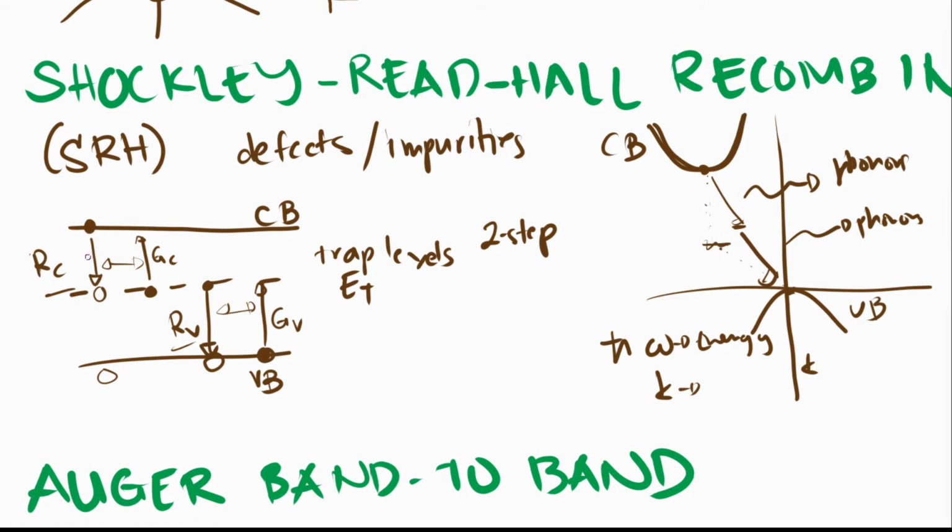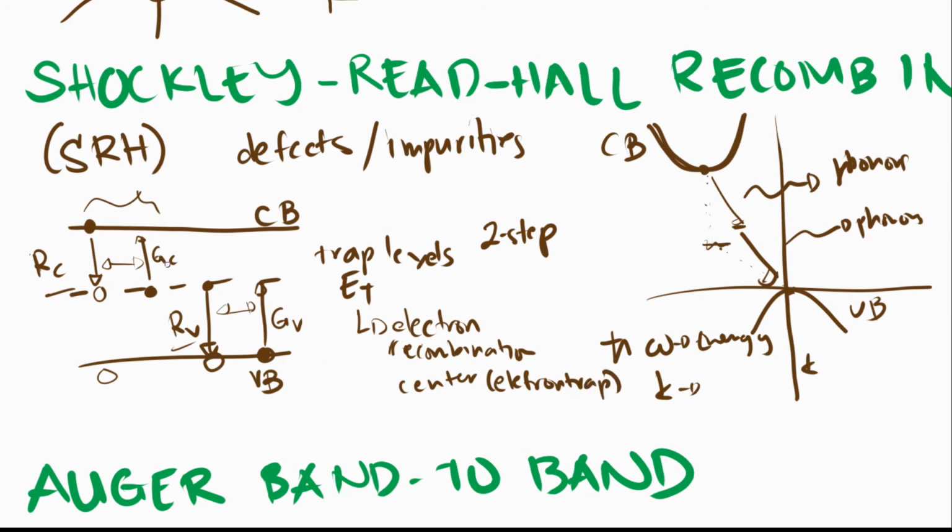And if the probability of these two processes happening is greater than this one, then this trap level serves as our electron recombination center, or what we call an electron trap.